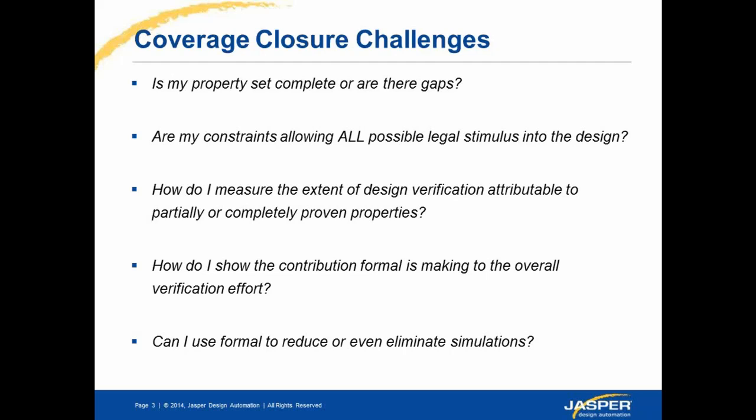Well, is my property set complete? Are my constraints allowing all valid stimulus? Or am I done with my formal verification? But then I already have simulation coverage metrics. Can formal augment or help me in attaining closure when it comes to simulation?